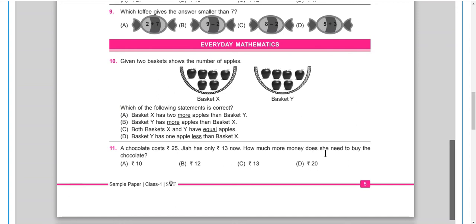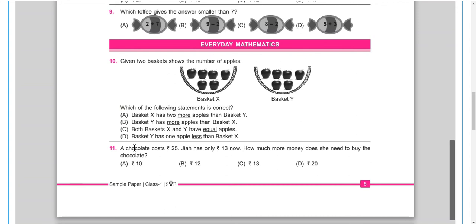How much more money does she need to buy the chocolate? So what we need to do first of all, we should add, because we should add how many more she needs. So it's plus. But what they are asking is how much more money she needs. The cost of the chocolate is only 25.